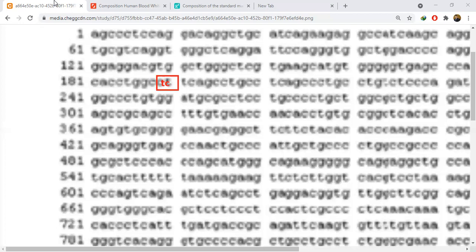So can you get a clear idea regarding the gene? Can you get the idea that gene is a sequence of nitrogenous bases?